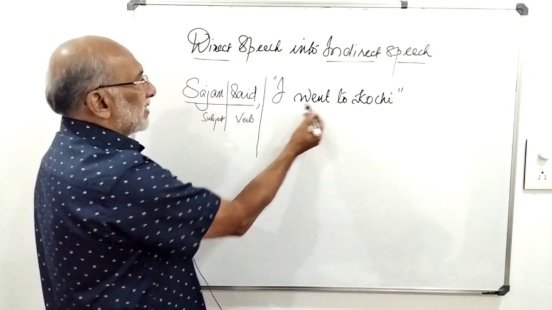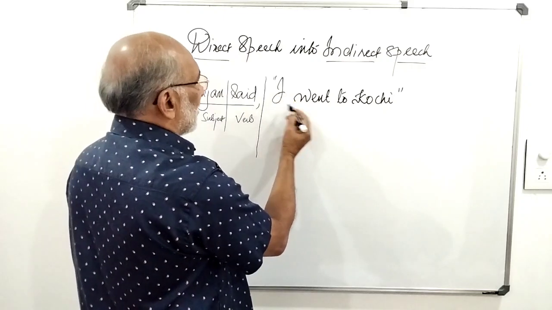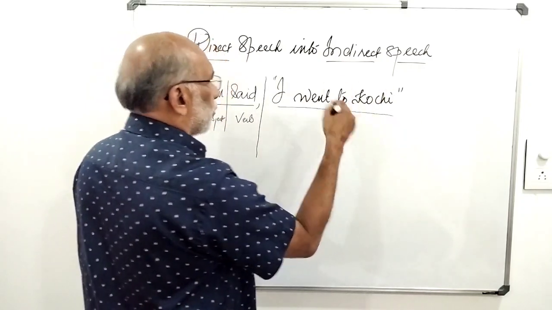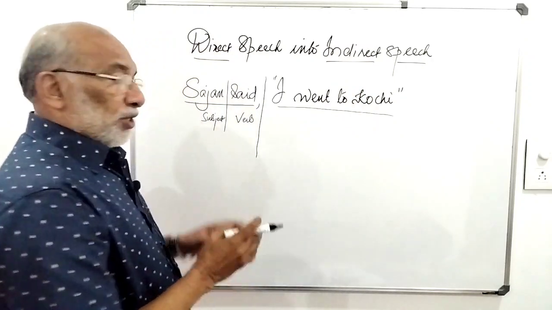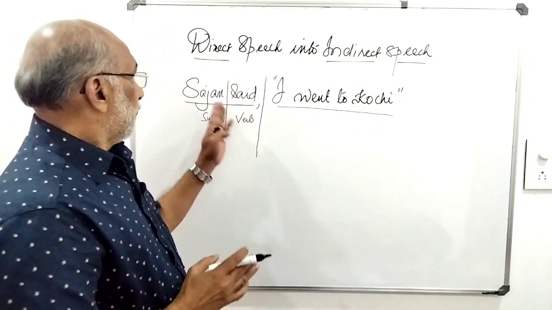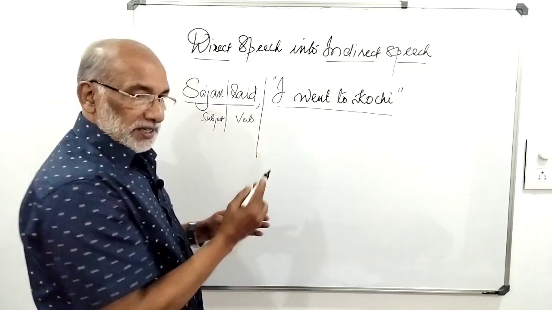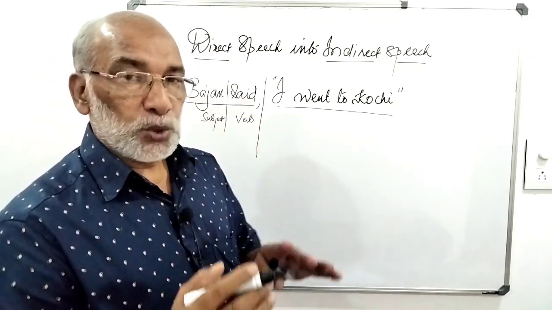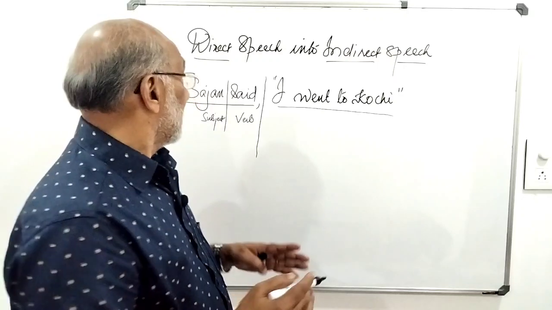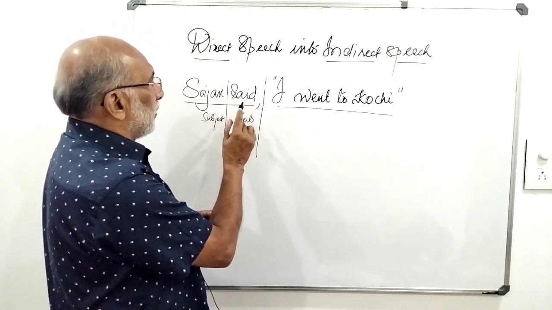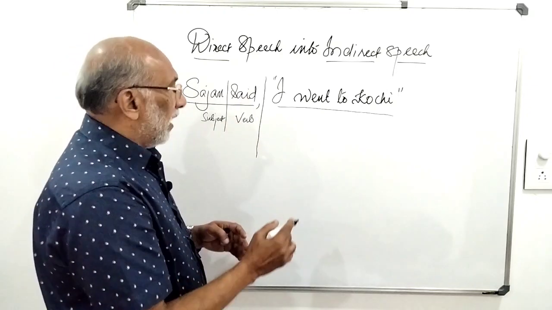And in the second part, we have a sentence in inverted commas, and that is the part to be reported. So, as I said, the first part consisting of a subject and a verb is called the main clause of the sentence. We can say like that. And the verb in that part is said to be the reporting verb.